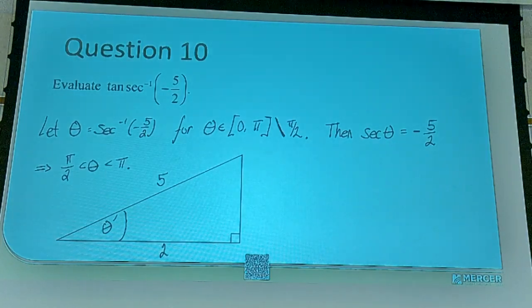The sum of the squares of the sides is the square of the hypotenuse, right? So 4 plus what is 25? 21. So b squared is 21, which makes b the square root of 21.